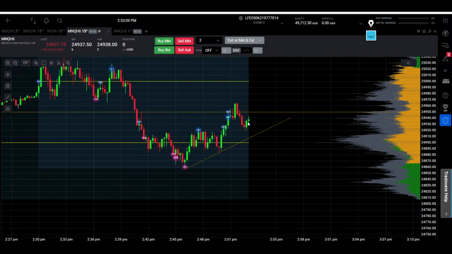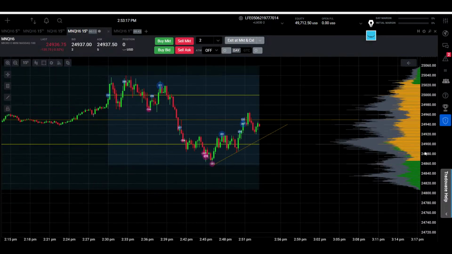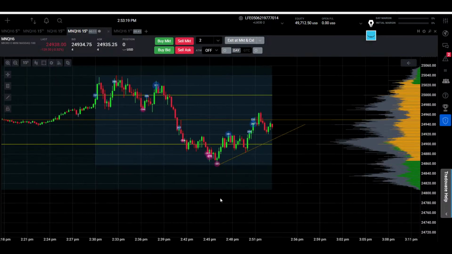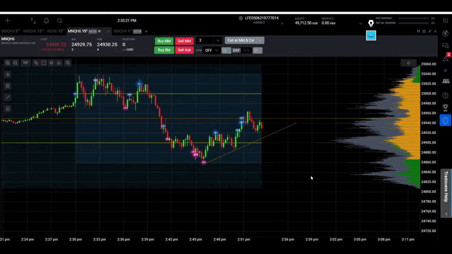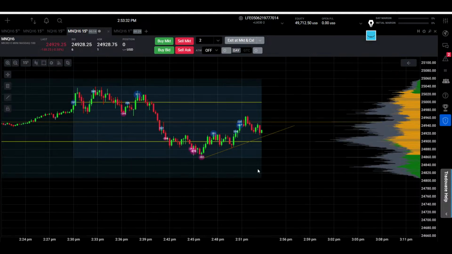Looks like it will play out my previous original entry here, but we'll see. But it's not a very good risk reward if it goes up only to here. Currently it wants to come down.